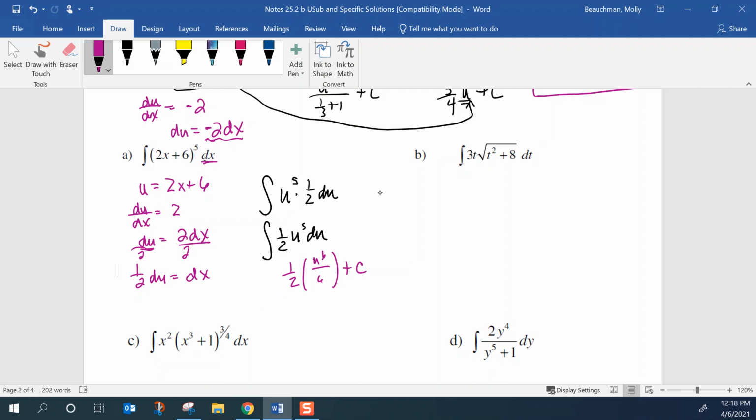That would give us 1/12 times u^6 plus C. Then the very last step, substitute back in what you let u equal in the first place. So our final answer is going to be 1/12 times (2x + 6)^6 plus the arbitrary constant.